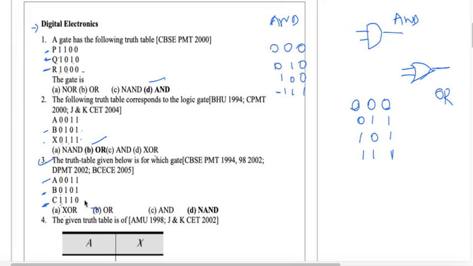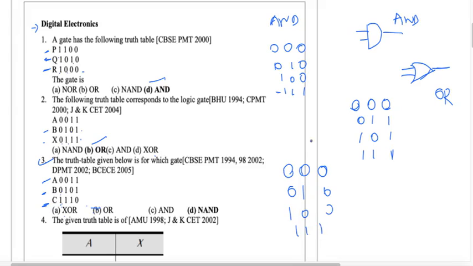In an AND gate also, if both the inputs are 0, the output is also 0, so it is not an AND gate. Whereas in a NAND gate, when both the inputs are 0, the output is 1. For the truth table of the NAND gate, first we will see the truth table of the AND gate, and after that we will add a NOT gate to it. 0 0 0, 0 1 0, 1 0 0, 1 1 1.